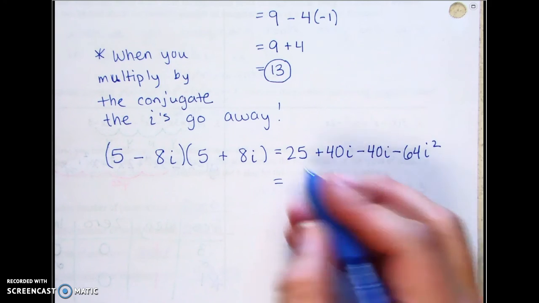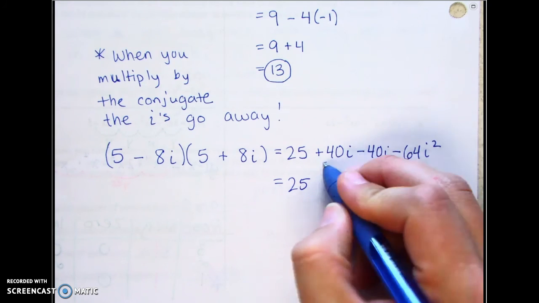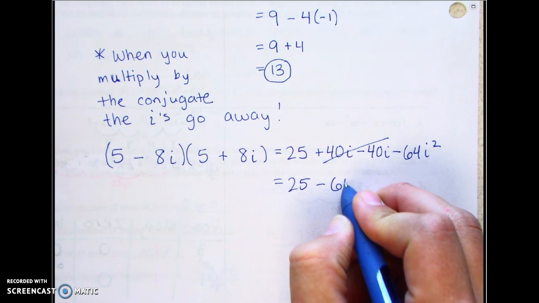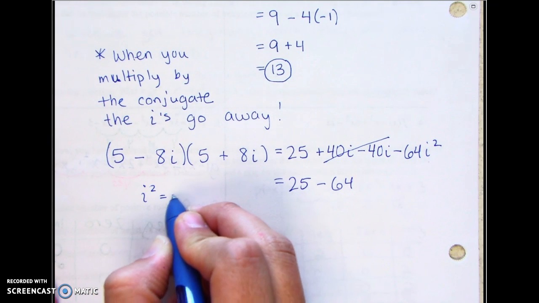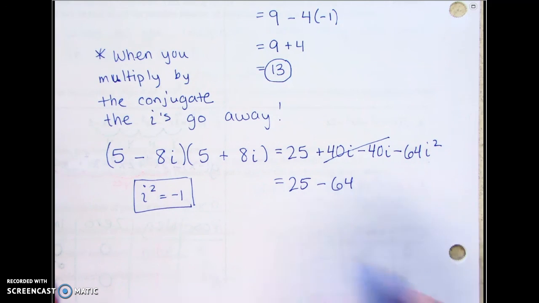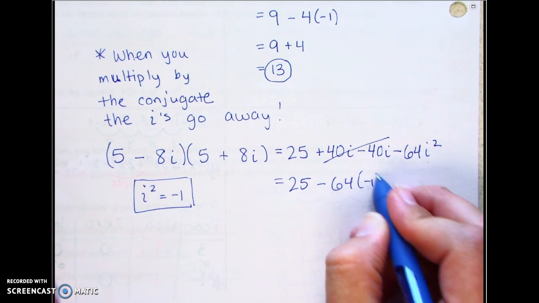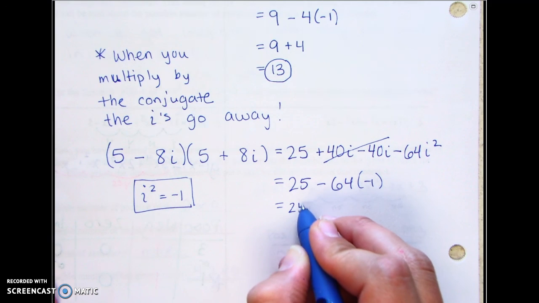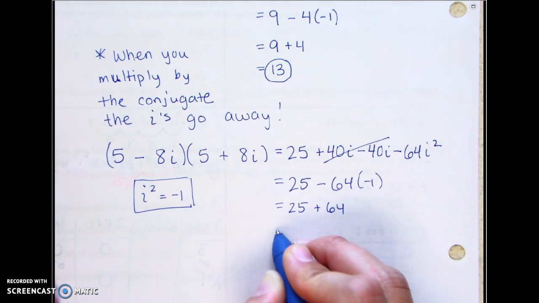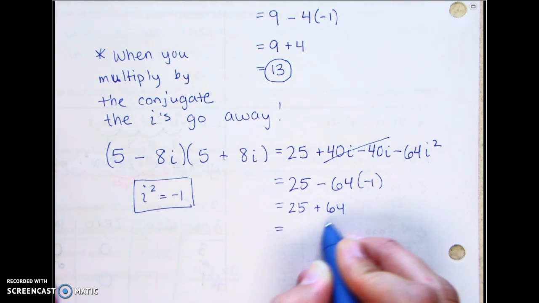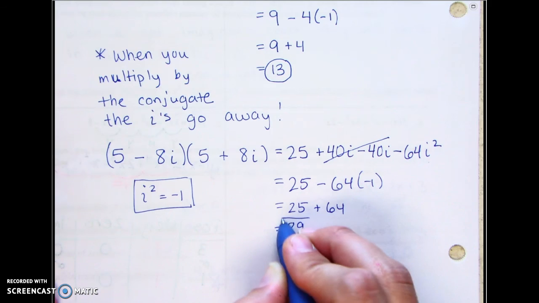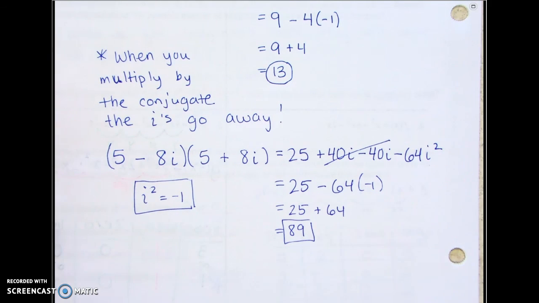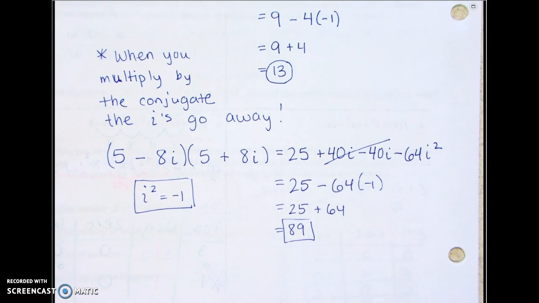They cancel. So we have 25 minus 64i squared. Every time you see i squared, you guys, i squared is equal to negative 1. You change it, okay? So i squared becomes negative 1, and we have 25 plus 64, and that adds up to, oh my goodness, I am tired. There we go. Okay, just a review of imaginary numbers. Hope that was helpful.